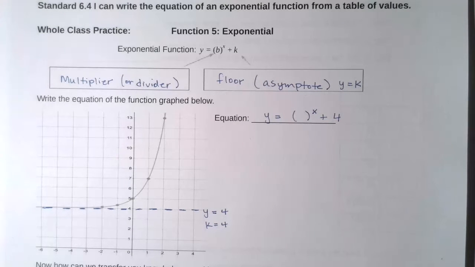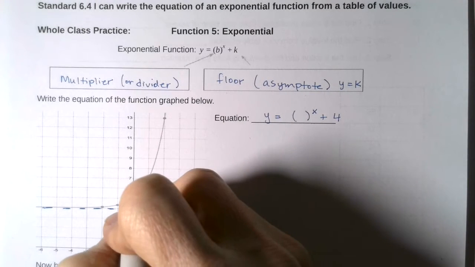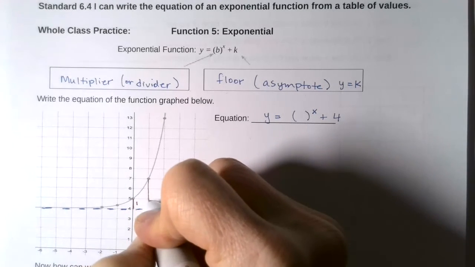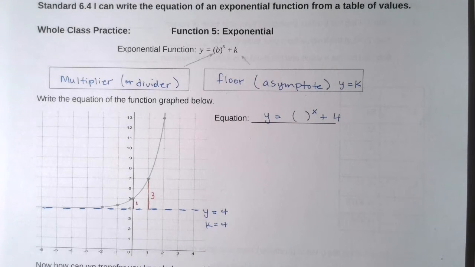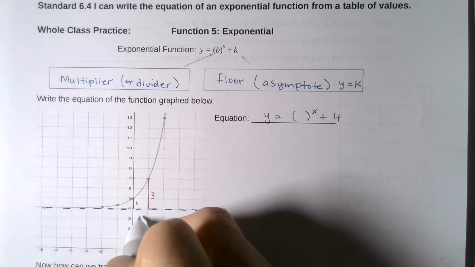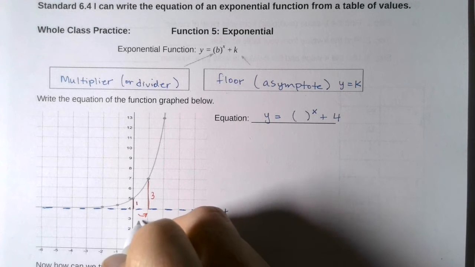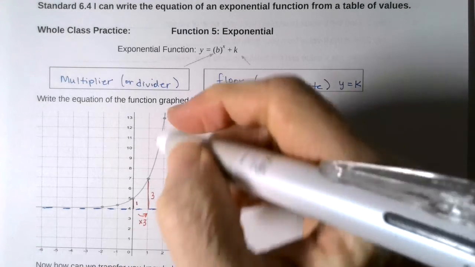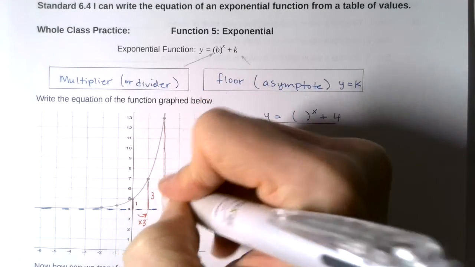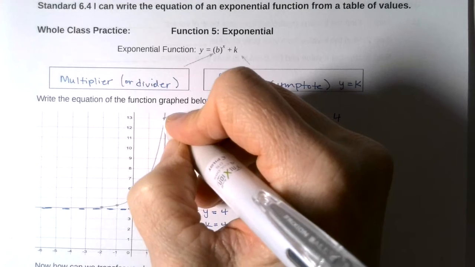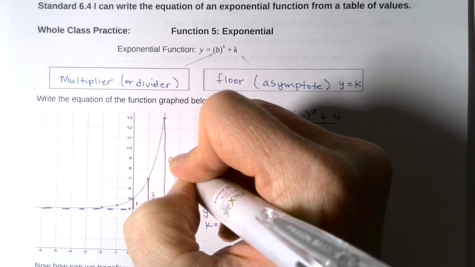Now we're looking at our b value, and so I have to find my multiplier. So this is 1 right here. From here to here is 3 from our floor. And so to get from 1 to 3, what multiplier am I using? 1 times 3 would give me 3, and let's check to see if that holds here. So if I look at the length of the distance between the floor and this point, this is 9 units.